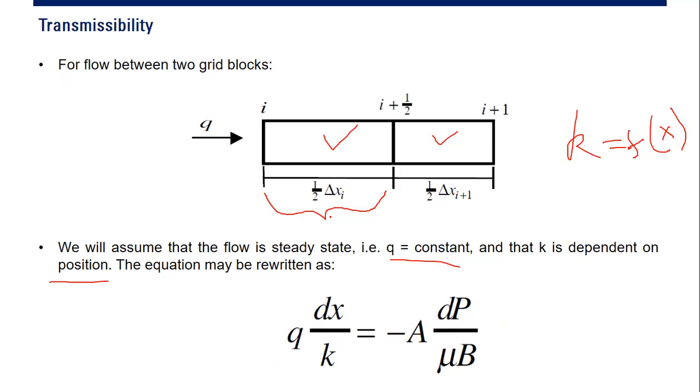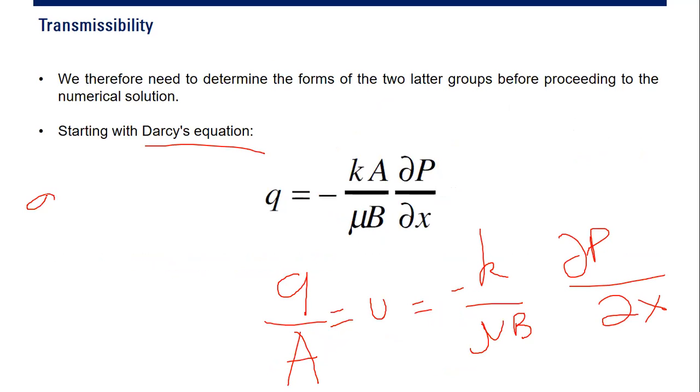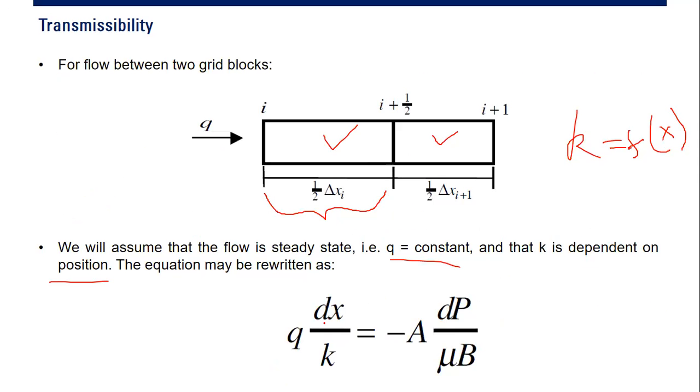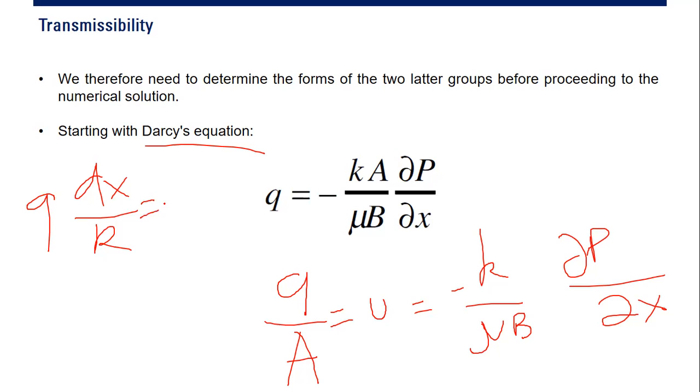For example, Q dx goes to the left, and then K goes to the left. So we have Q dx per K equals minus A dp per mu B. You understand, right?